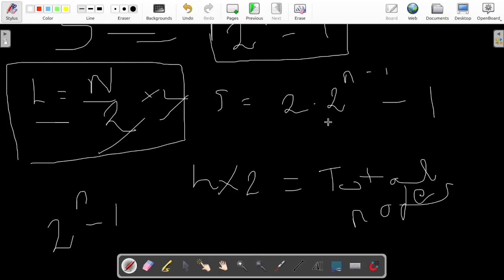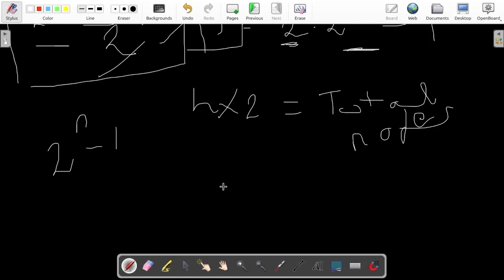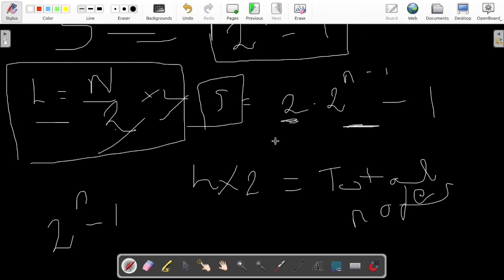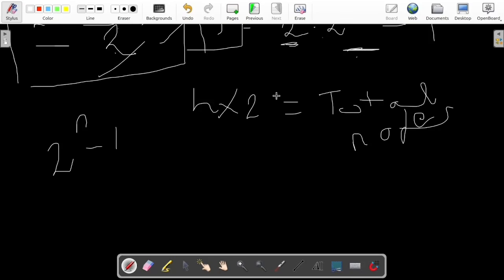And one more thing you can observe here: if you multiply this 2 with this particular term, you are getting your total number of nodes. So, aren't these two terms correlated to each other? Can't I replace this 2 to the power n minus 1 with this n by 2? Of course I can replace.